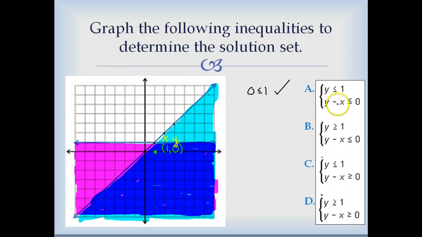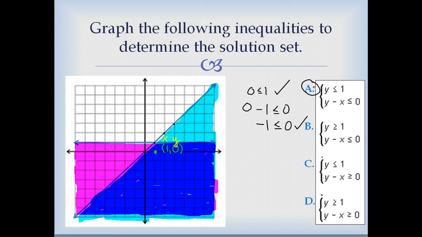My y value is 0, my x is 1, so I have 0 minus 1 is less than or equal to 0. 0 minus 1 is negative 1. Is that less than or equal to 0? Yes. So I actually made it really easy on myself and chose the correct answer the first time, A.